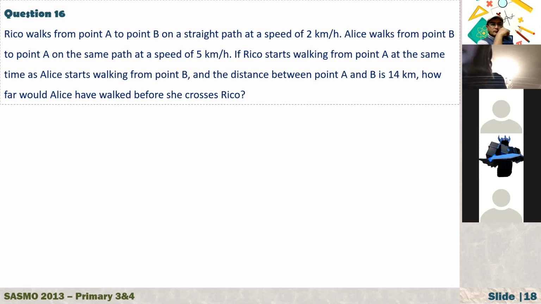If Rika starts walking from point A at the same time as Alice starts walking from point B, and the distance between point B and A is 14 kilometers, how far would Alice have walked before she crossed Rika?